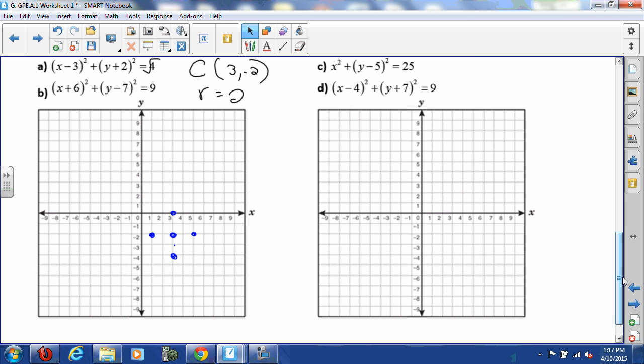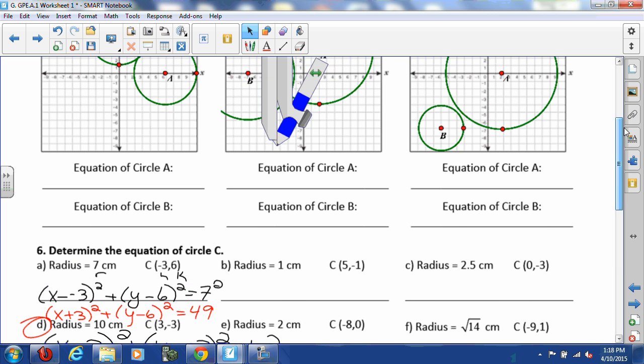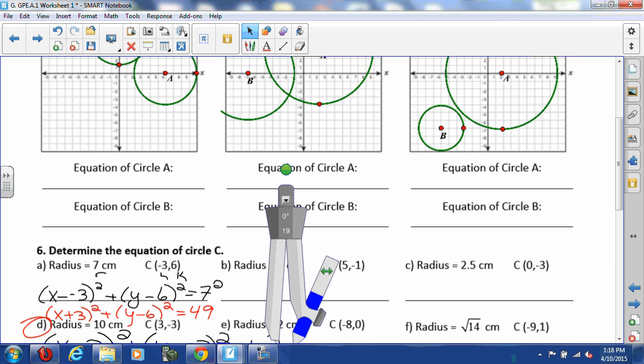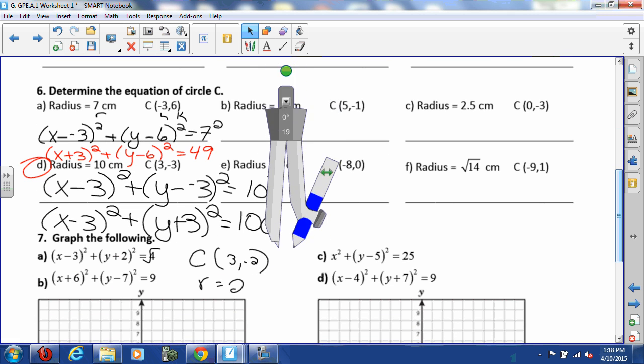Remember our definition of circle from the beginning. Set of points equidistant from the center point. Now, and only now, do I take my handy-dandy compass, which I have to locate way up here. And I'll put my pointing part on the center.